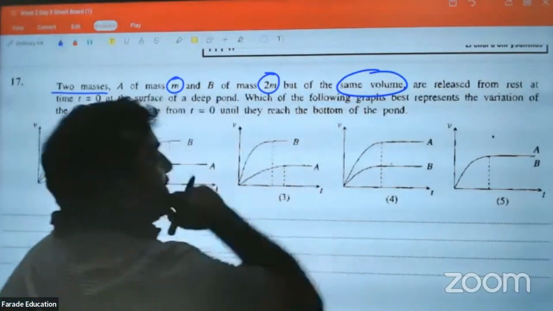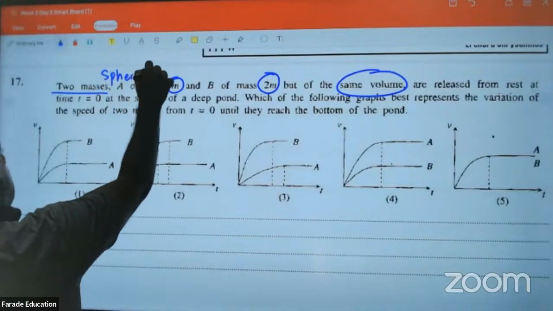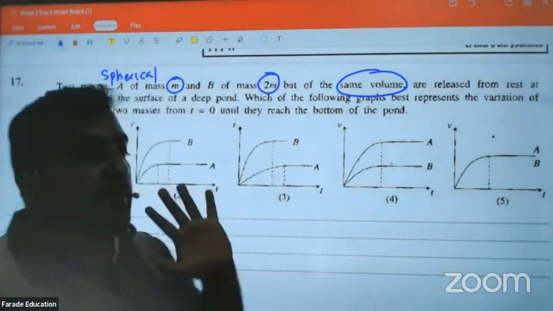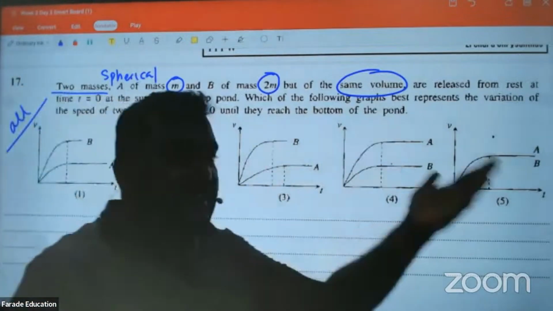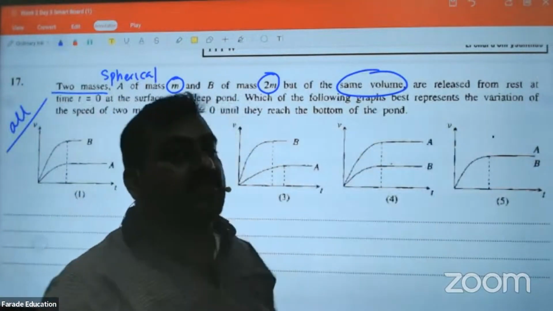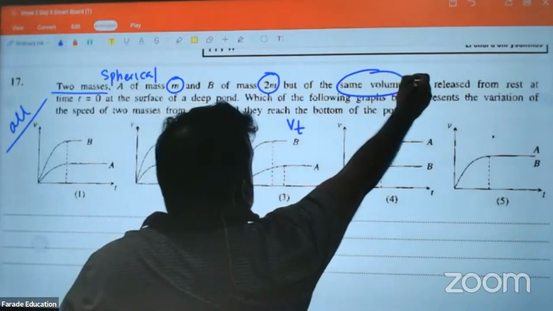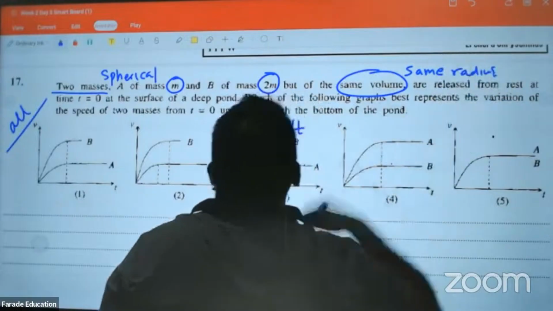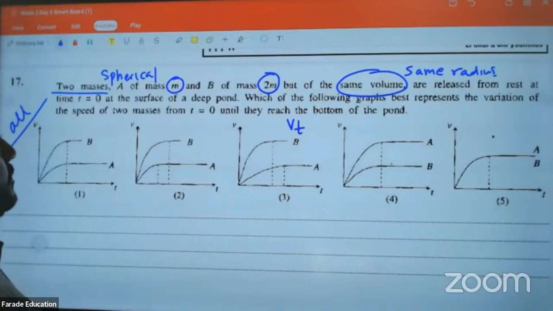They are released from a deep pond. Which of the following graphs best represents the variation of the speed?